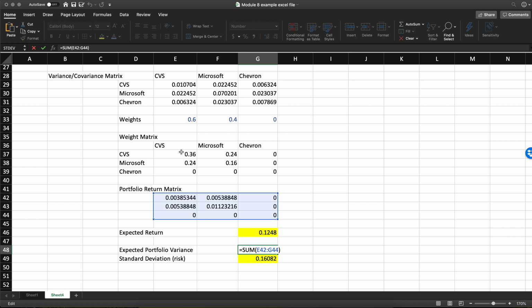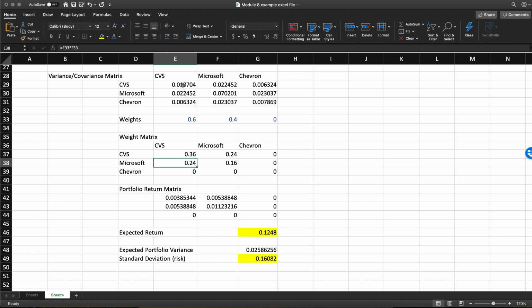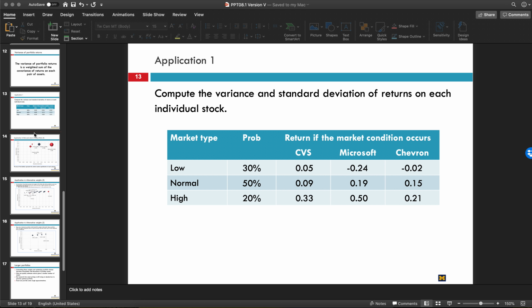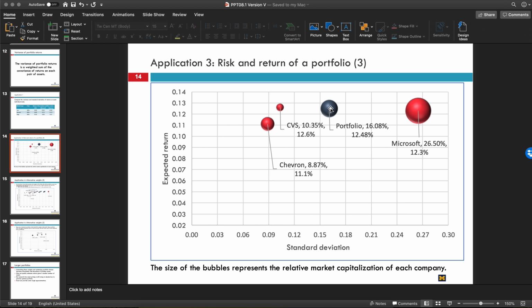It's not 100% squared. What you're doing is multiplying the weight for these assets across the matrices so that you properly weight the variance and covariance. When you do that, you can sum the entire matrix and you will get a number. And when you take the square root, you'll get the standard deviation, which is considered the risk of the portfolio. So again, notice that we have the 12.48% expected return and the 16% variance for that asset, which is exactly right there.